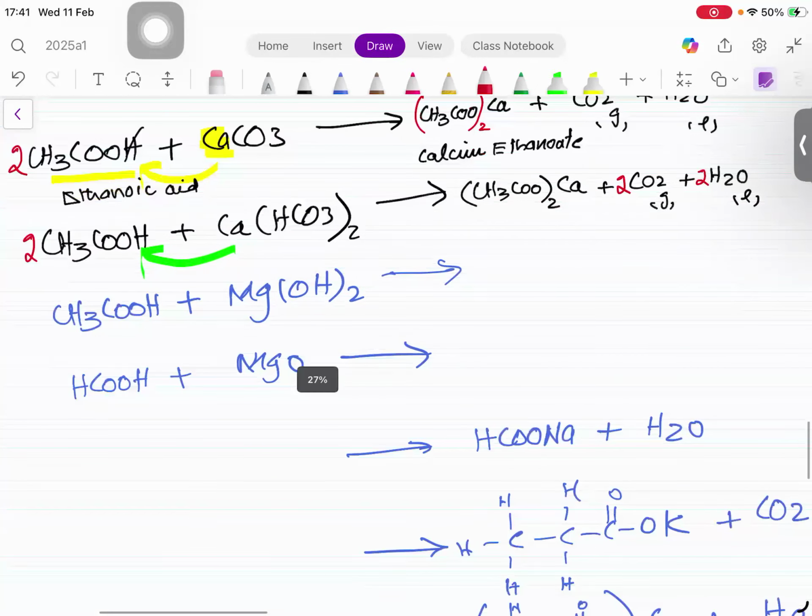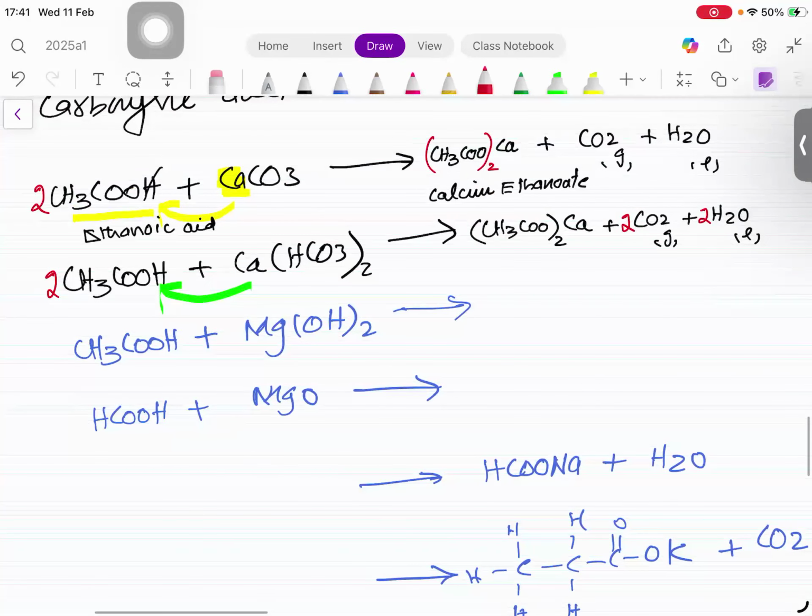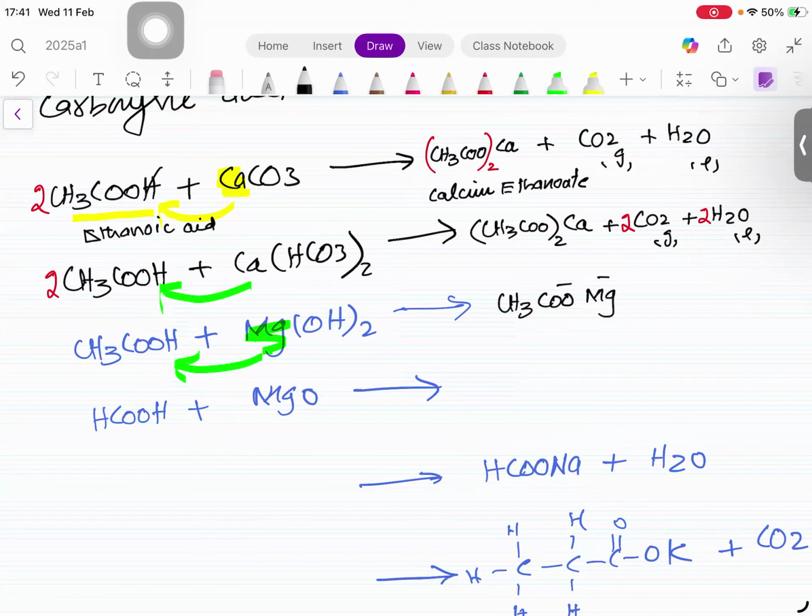What about the next one? This magnesium is going to displace this hydrogen, so the product is CH3COO negative and Mg is 2 positive. Again they are not going to cancel, so we have to cross multiply. What is the formula of the salt? This one.